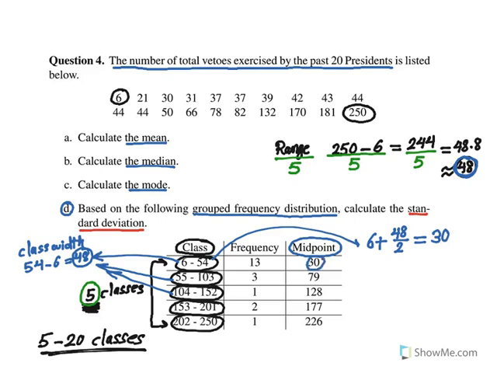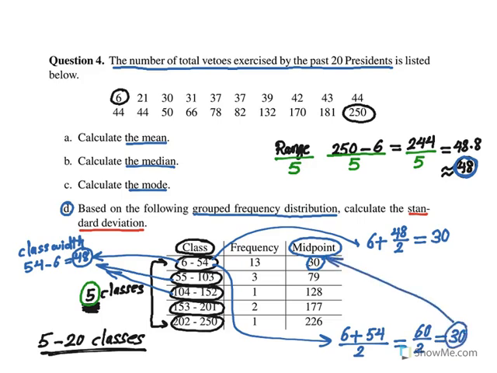But also another way to get the midpoint of the class, for the same class, is to just add the numbers, take the average of 6 and 54. 6 plus 54 over 2 is 60 over 2, which is 30. This is the midpoint of this class.